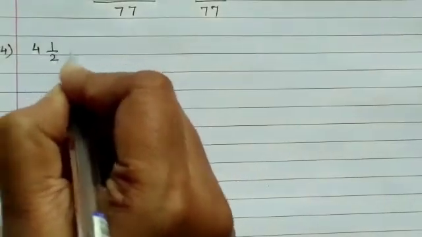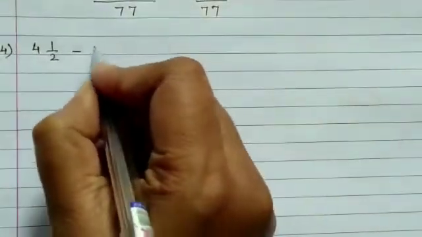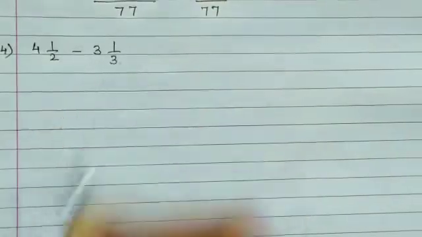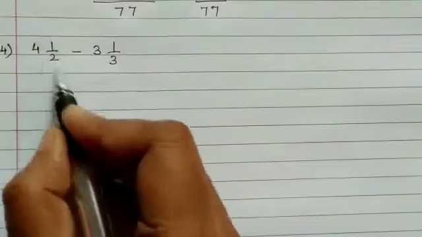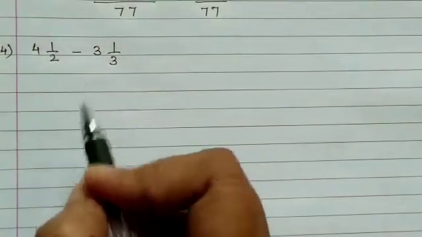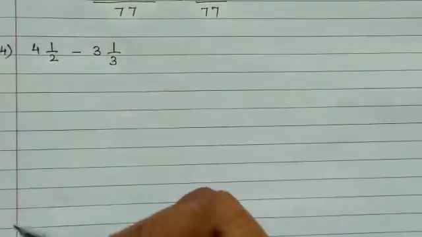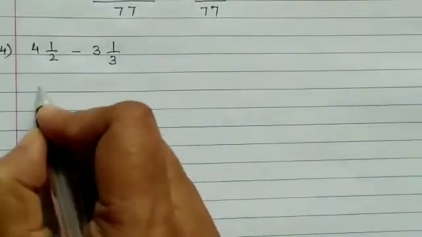Now let's try the fourth bit. The question is 4 and 1 by 2 minus 3 and 1 by 3. So first what do we have to do? We have to convert the mixed number into an improper fraction and then carry out the subtraction steps. So first let's do that.